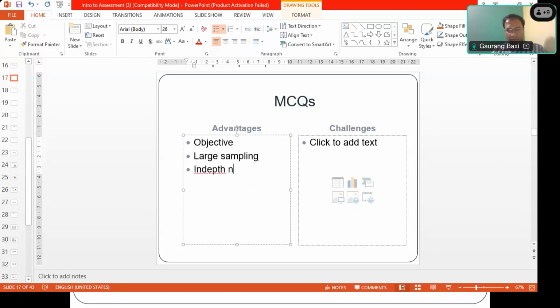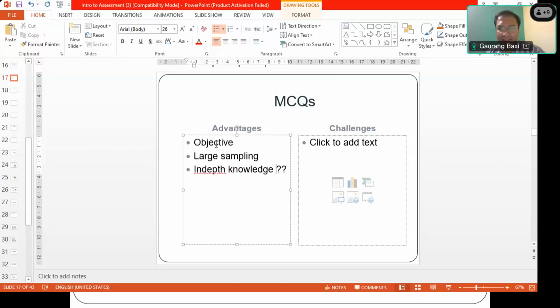What do you mean by in-depth knowledge? I've read in detail. Are our MCQs framed that way? Most of our MCQs are simple recall types. So can MCQs really assess in-depth knowledge? It can be from any chapter from the book.